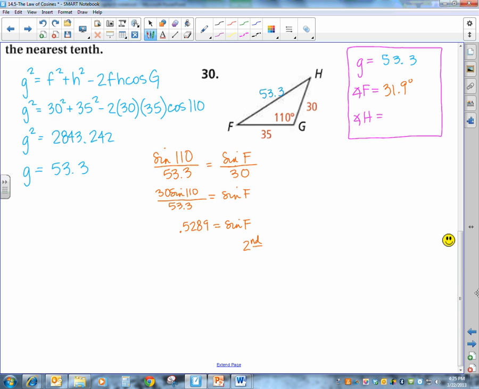If we know two angles of a triangle, we can always find the third by adding them together and subtracting the sum from 180. So we'll find out that our next angle H is 38.1 degrees.